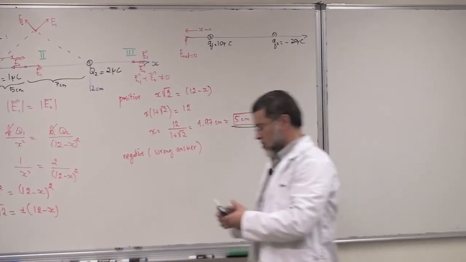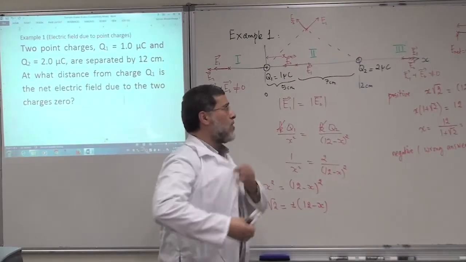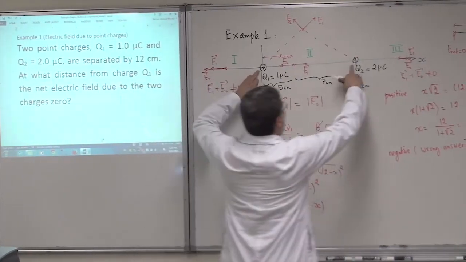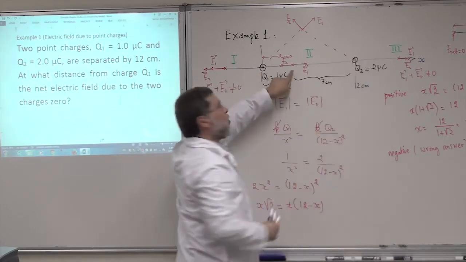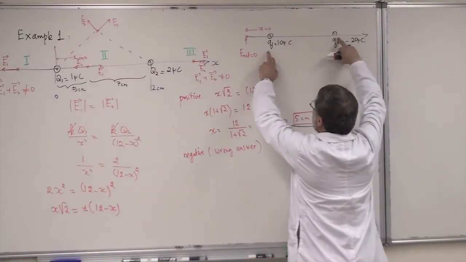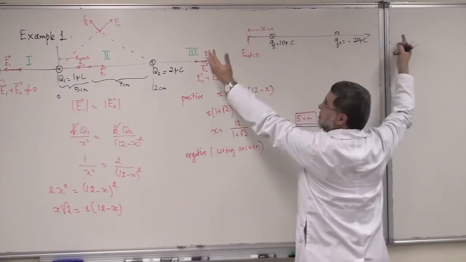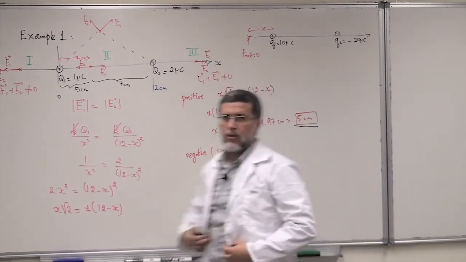So if you encounter this kind of problem, if the two charges are either positive or negative, both of the same sign, the point where the electric field will be 0 will be between the charges. If one of them is positive and the other one is negative, the point will be outside the charges, and it will be closer to the smaller charge in magnitude.